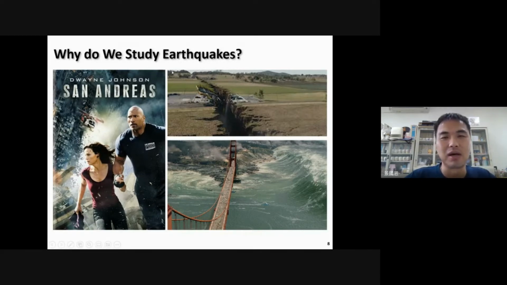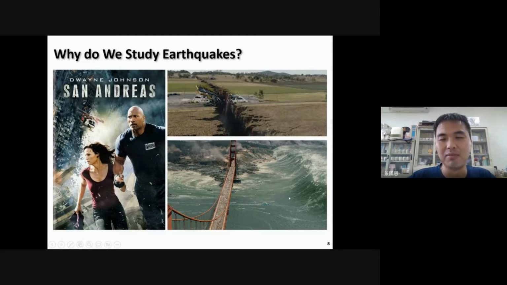And the occurrence of the earthquake not just causes damage to the buildings or the ground or the road, but we may also get a tsunami.